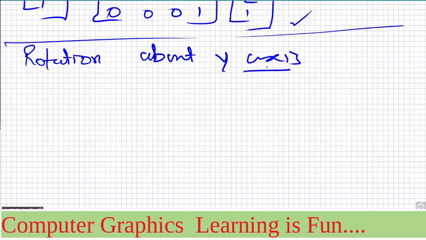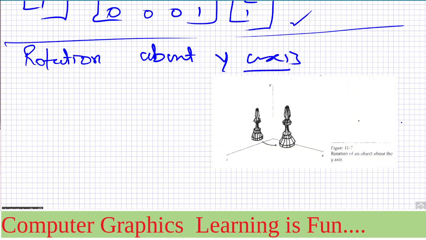If the rotation is about y axis, what happens? Y is constant, and the object is moving from z towards x.